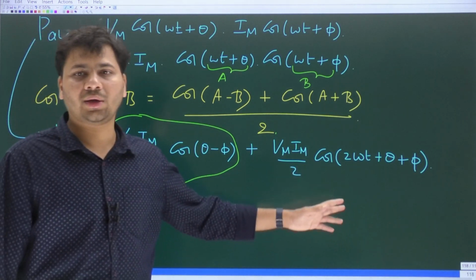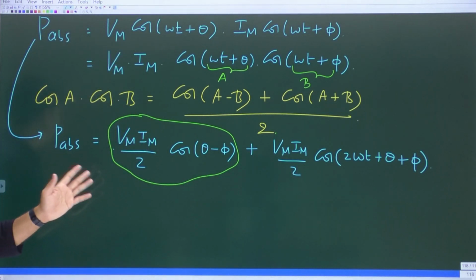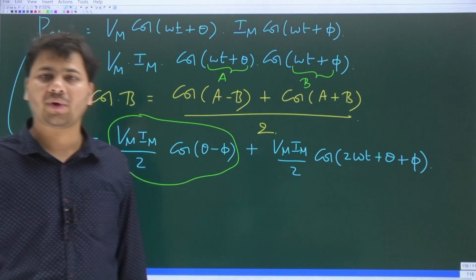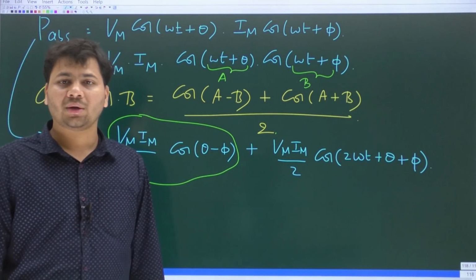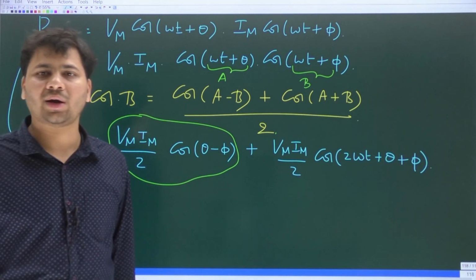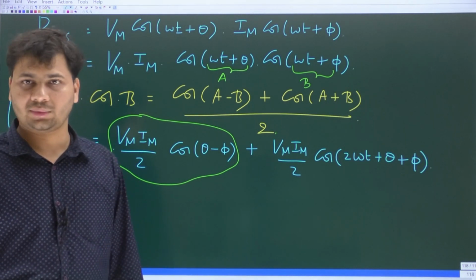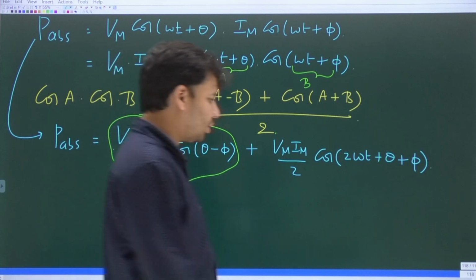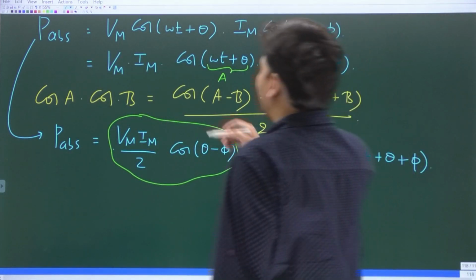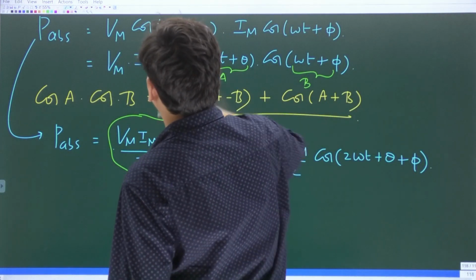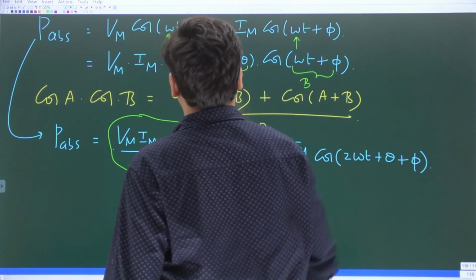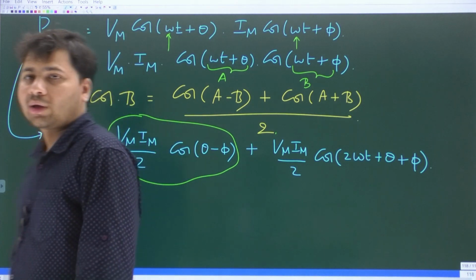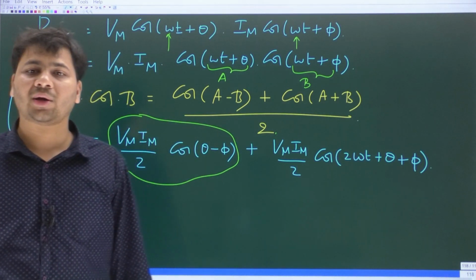So the power absorbed, is it not a periodic function? Yes or no? Power absorbed is also periodic. Voltage and current are already periodic with a frequency of omega. Yes or no? Voltage and current both are periodic with a frequency of omega. Can you tell me what is the frequency of the power absorbed?